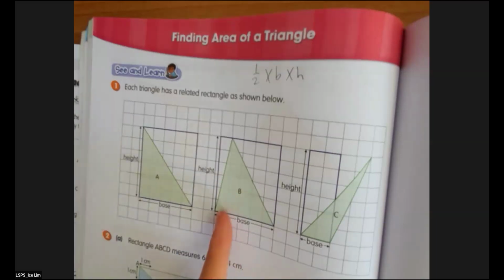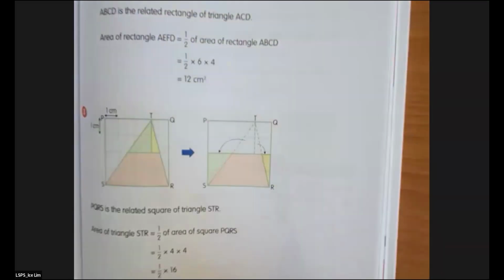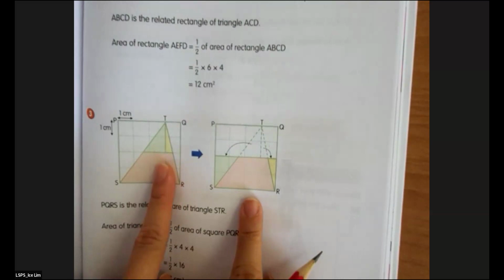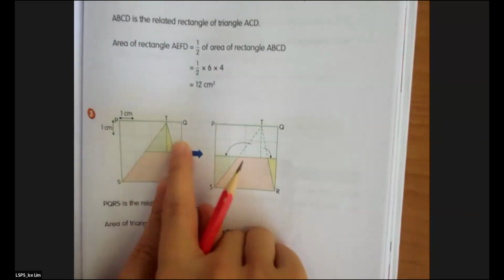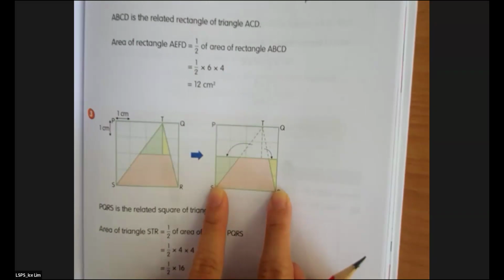But you can actually cut the triangle to fit in. See? This is the animation that happens in the SLS, how you can cut out this triangle and then it fits in and it's half.